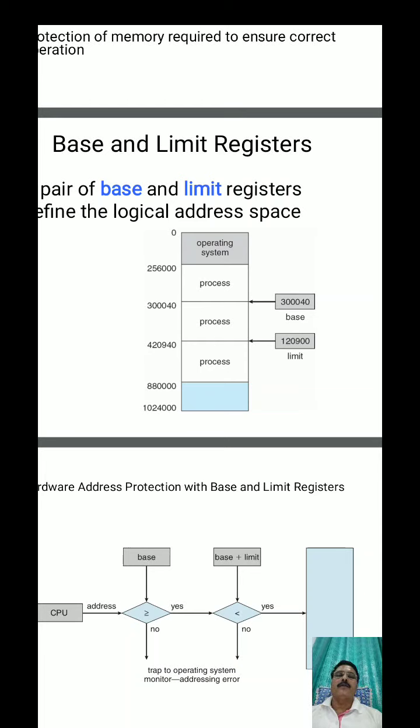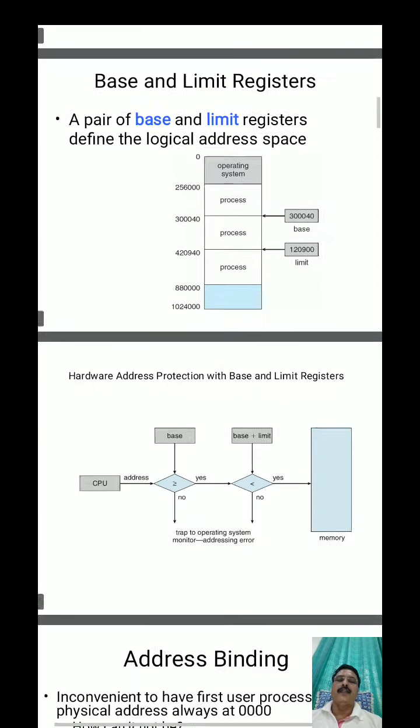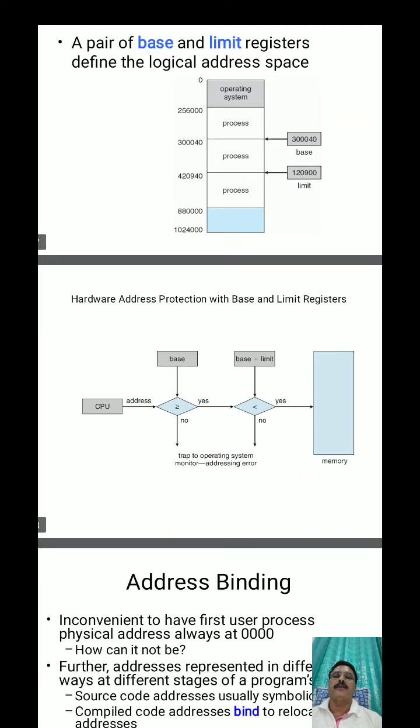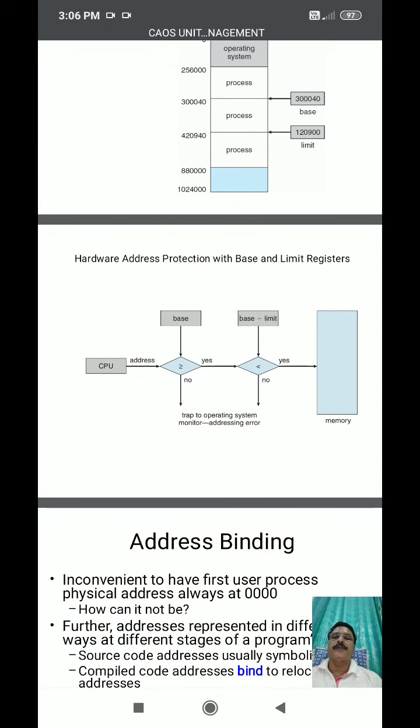So here the base register value 300040 implies that the process starts at address 300040, and when we add 120900, that is the limit, to the base, we get the end address of that block, that is 420940.